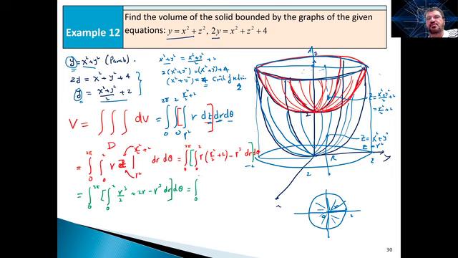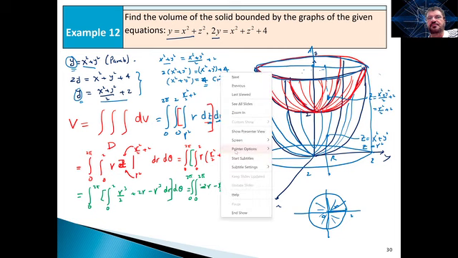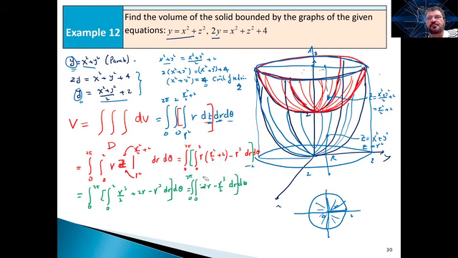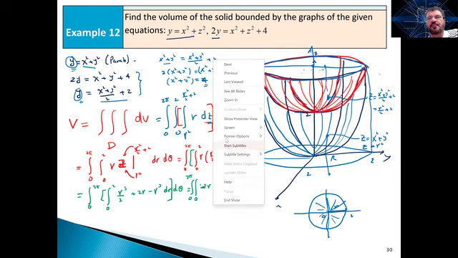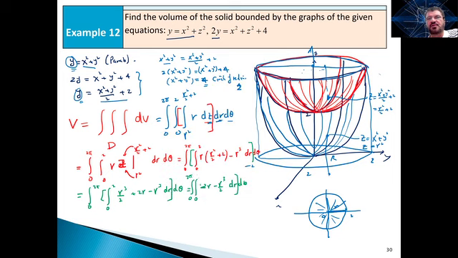So this is 0 to 2π. R cubed over 2 minus r cubed is minus, let's say it's 2r minus r cubed over 2 dr dθ. And we are integrating from inside, 0 to 2π and 0 to 2.